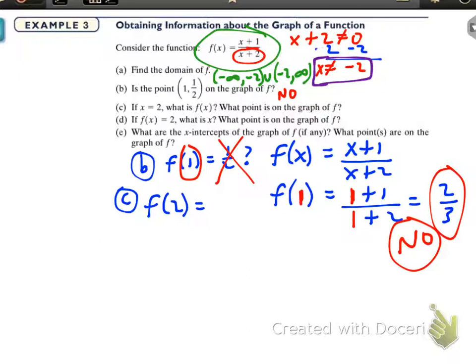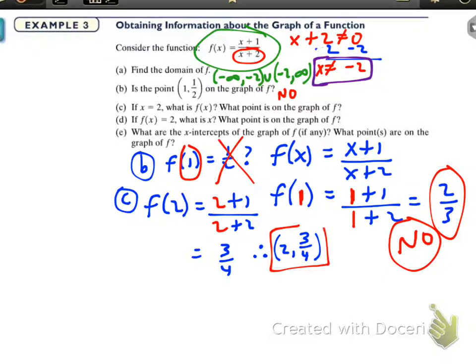Well, f of 2 is equal to 2 plus 1 over 2 plus 2, and 2 plus 1 over 2 plus 2 is 3 over 4. So that is f of 2, the output when x is 2. Therefore, the point that this input-output pair corresponds to would be input of 2, output of 3 over 4.